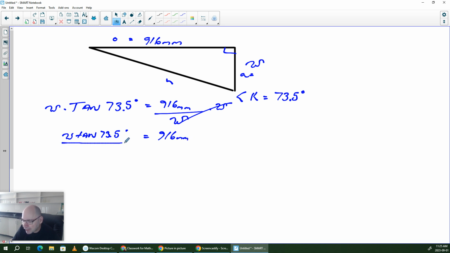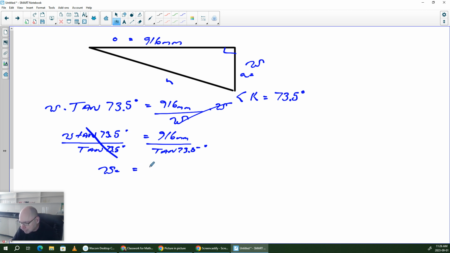Okay, so we're going to divide out tan 73.5 degrees, tan 73.5 degrees. Okay, so let's figure out what our W is in millimeters. Let's do our tangent 73.5 degrees. I get 3.376.